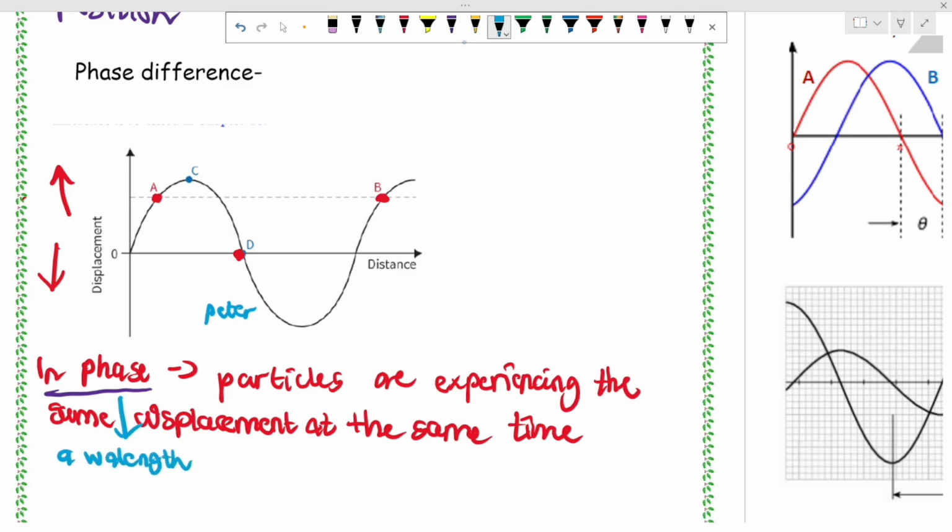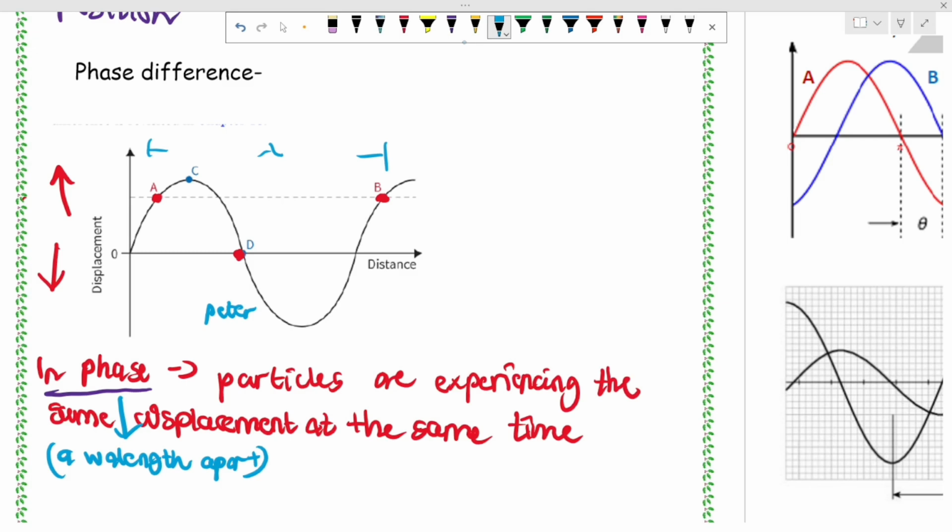In this case, from A to B, it's a wavelength apart. They're about to experience the same displacement at the same time. If they're going to move down, they all move down; if up, they all move up.